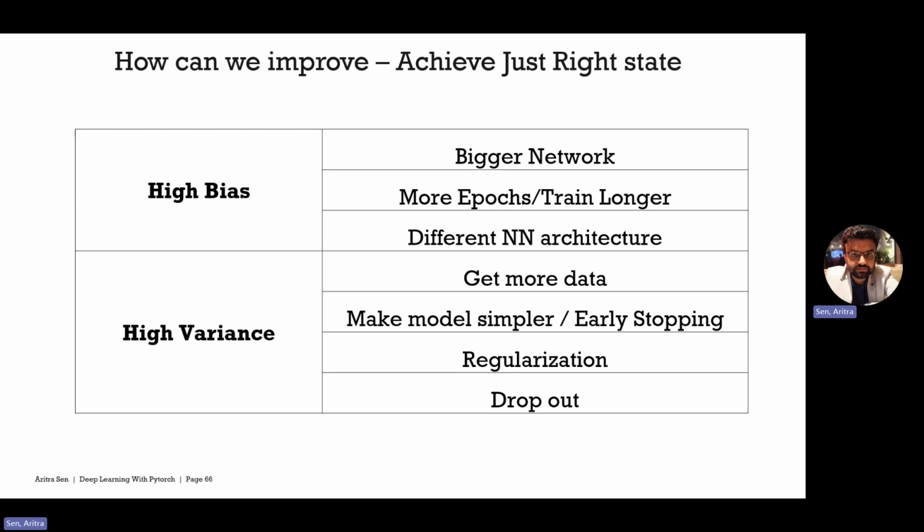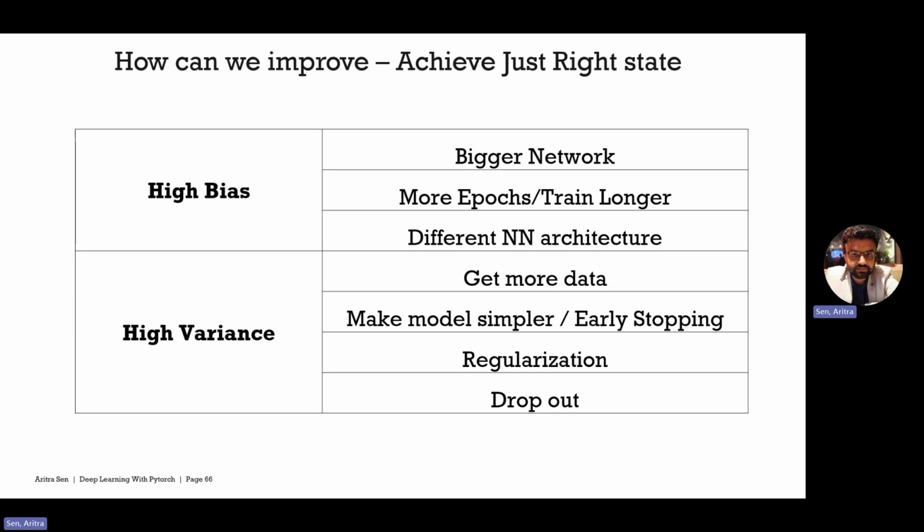And you may try different types of neural network architectures also. So basically, these are the three things you can try out: a bigger network, more epochs or training time, or a different neural network architecture to tackle the high bias problem.